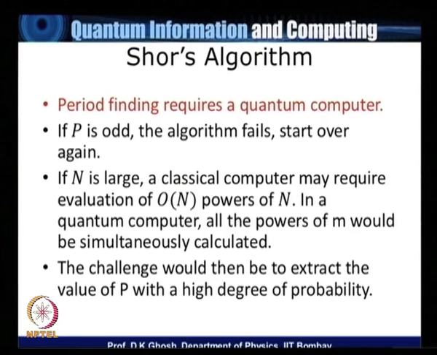So we take an arbitrary value of m and compute its various powers till we find m to the power p is equal to 1 mod n. Now if p happens to be odd, the algorithm will fail, because as we have seen in our last lecture, this algorithm is based on the fact that if I have an equation x square equal to 1 mod n, then if n is a prime number, I will have only the trivial solution, which means x is equal to plus or minus 1.